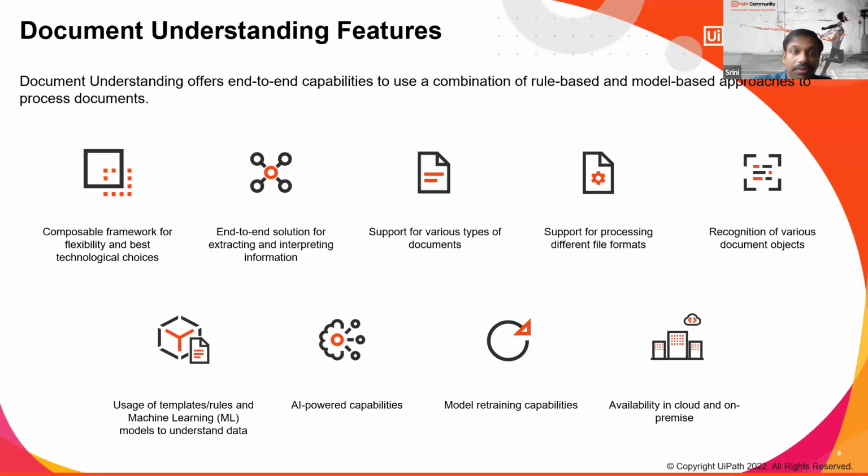Going on to the features, it is end-to-end intelligent document processing, based upon a rule-based and model-based approach. It is a combined composable framework, and it's best in technology as well.